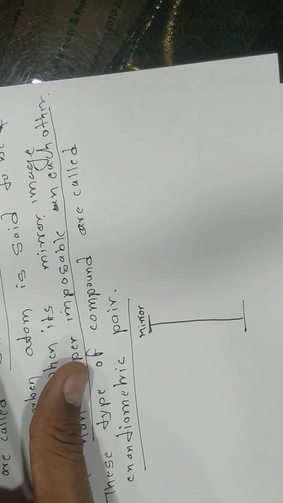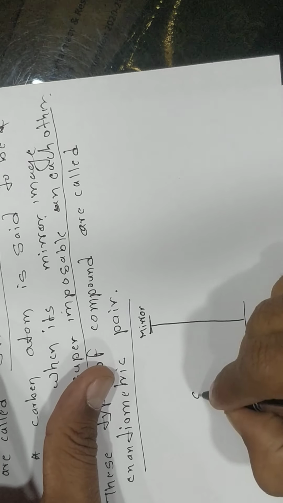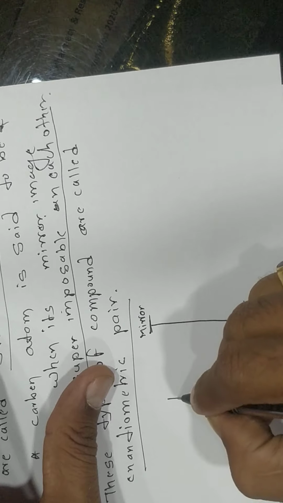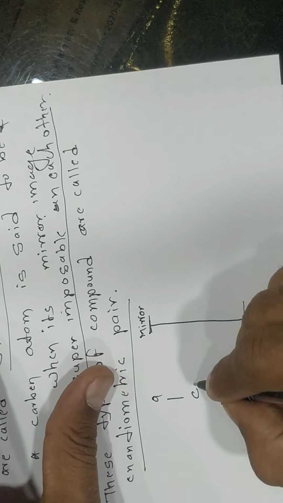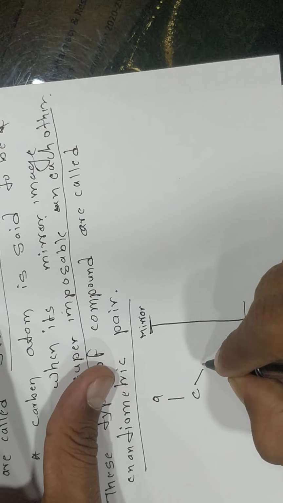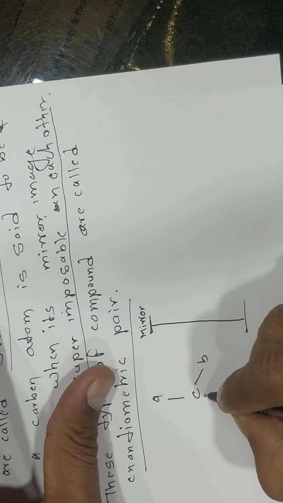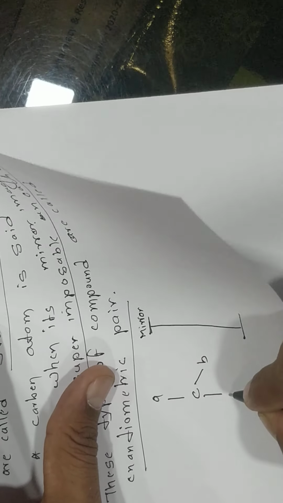Similarly, with an asymmetric carbon atom, four different groups are joined together on one carbon atom. That is called the asymmetric carbon atom.